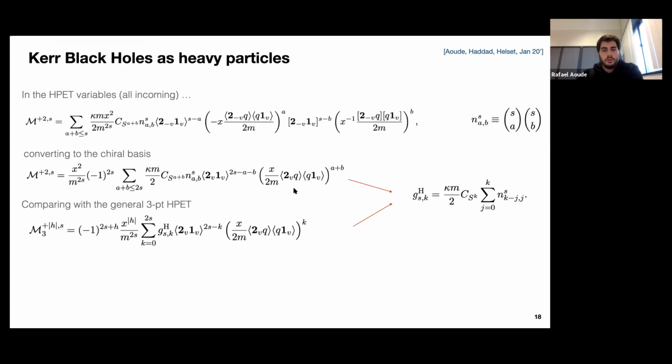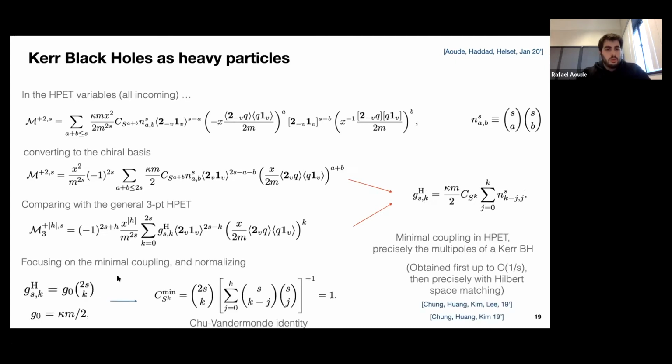Now, if you plug in here the minimal coupling, and you want to understand what the Wilson coefficients of the action are, what you obtain is that, given that the minimal coupling is here, you obtain exactly 1 for the Wilson coefficients of the action.